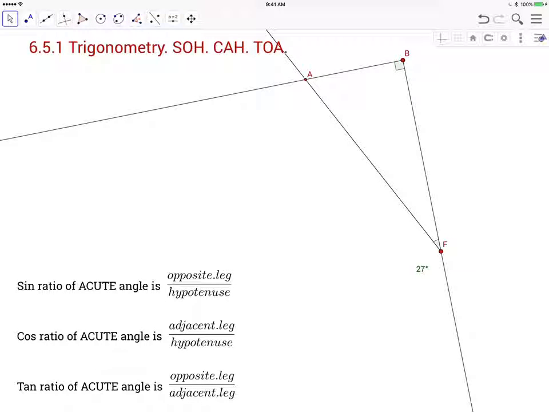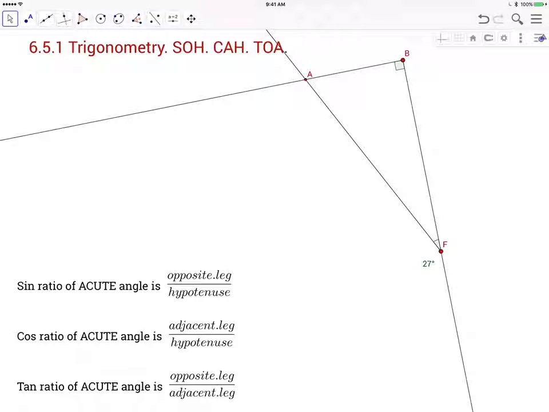Okay, here's 6.5.1, and we're going to begin to look at specific ratios of legs and hypotenuse. I've drawn a specific triangle, and let's just examine it quickly.